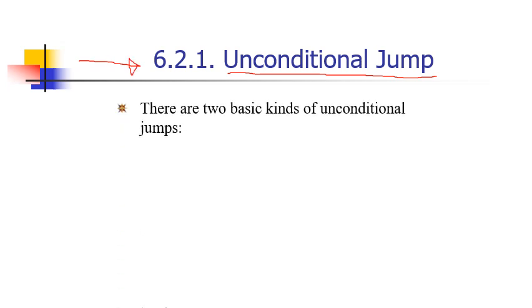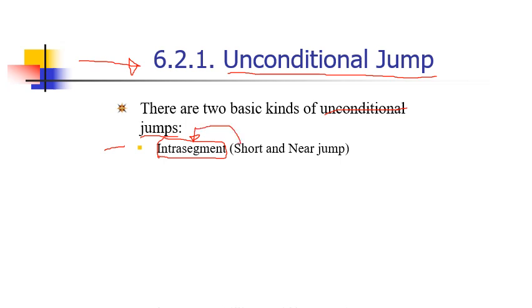Regarding the unconditional jump, we can talk about two kinds. The first is called the intra-segment unconditional jump, which means you do the jump within the currently active code memory segment. And this intra-segment jump could be short or near.